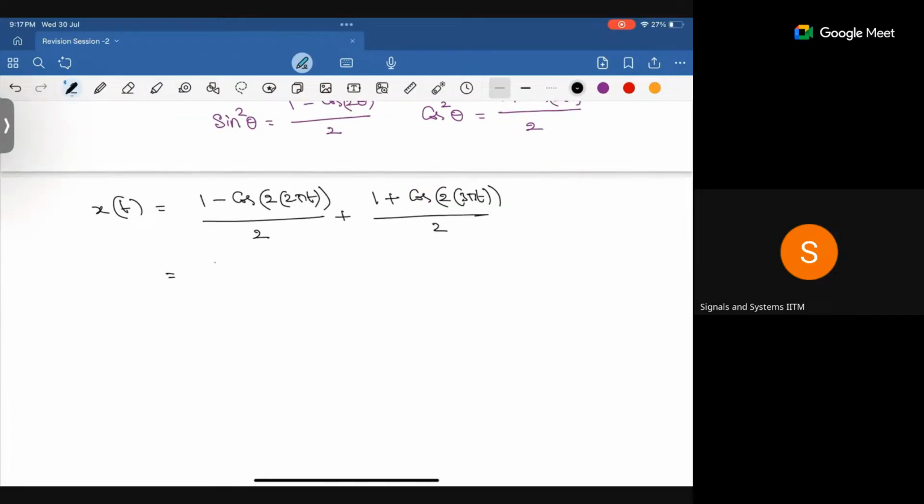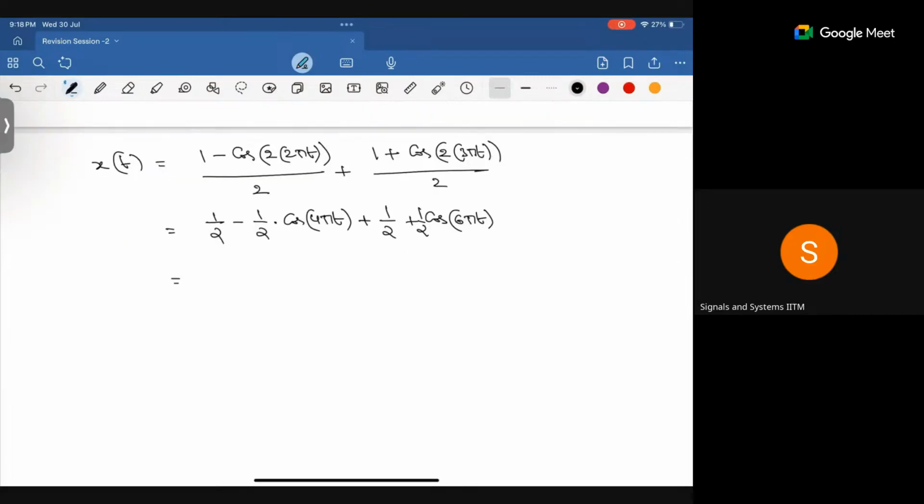Now this is half minus half cos 4 pi t plus half plus half cos 6 pi t. So this half and half get added together, which will be 1 minus half cos 4 pi t plus half cos 6 pi t.